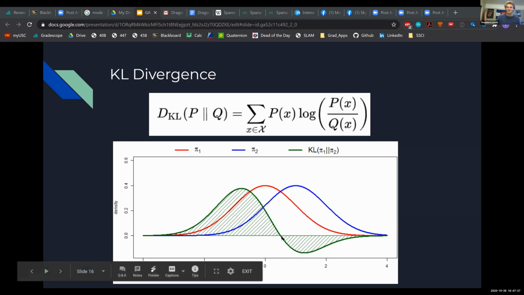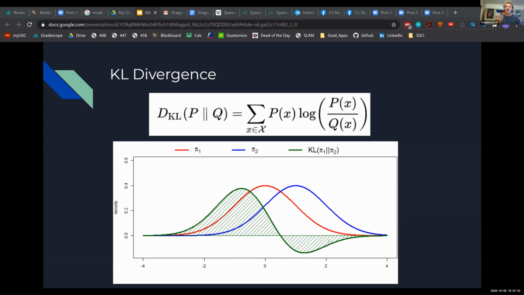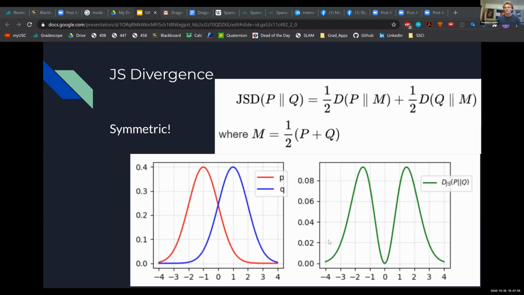If you flip this part under the 0 line up and over, you pretty much get the JS divergence. That's not exact, but you can conceptualize it that way. It's transforming it to always be positive and looking at the absolute value of the difference between the two, as opposed to looking at just the true difference. And so that's how we're going to quantify the difference between two probability distributions.